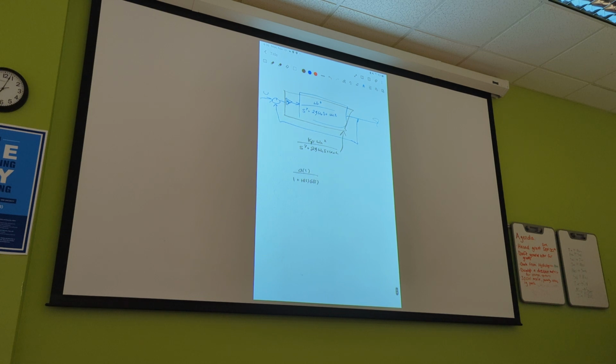So then for the closed loop transfer function, we just fill it in. g of s is kp omega n squared over the denominator, and h of s is 1, so kp omega n squared over 1 plus the same transfer function.